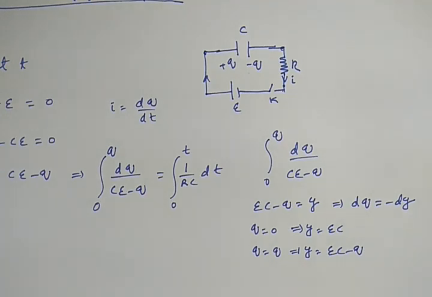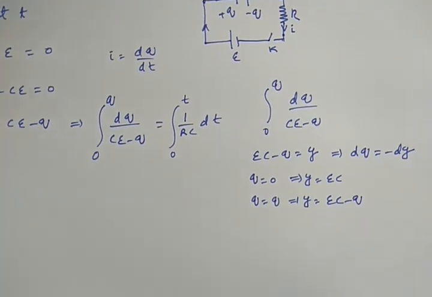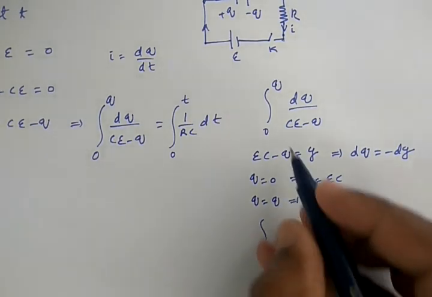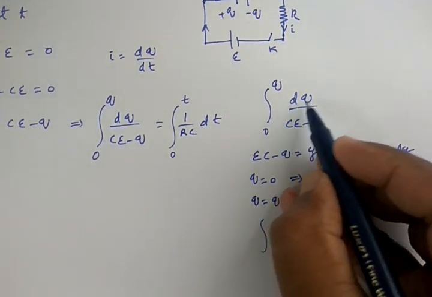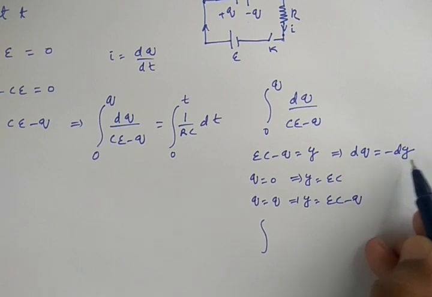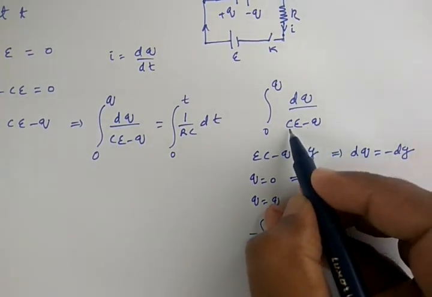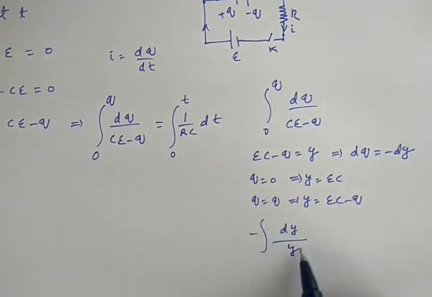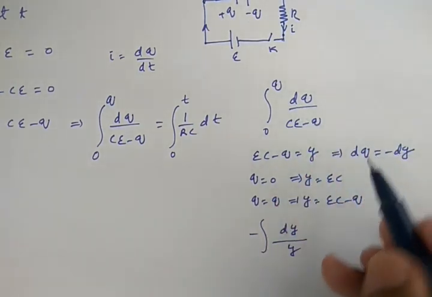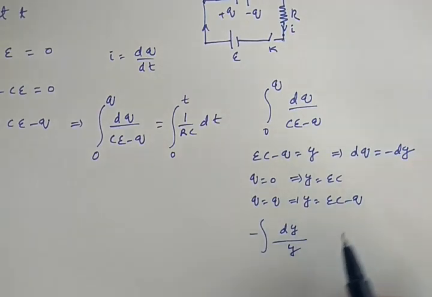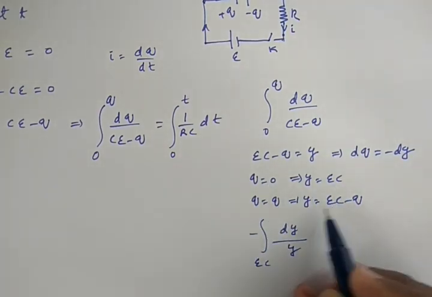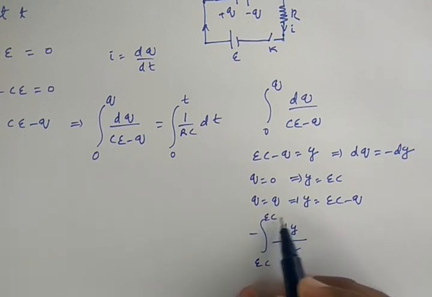So now I am solving this integration. Instead of dq, I am taking minus dy, by, then instead of CE minus q, I am writing it as y. Now I am changing the boundary conditions also. Here it is 0 to q. Now when q is 0, y is EC. When q is q, y is EC minus q.